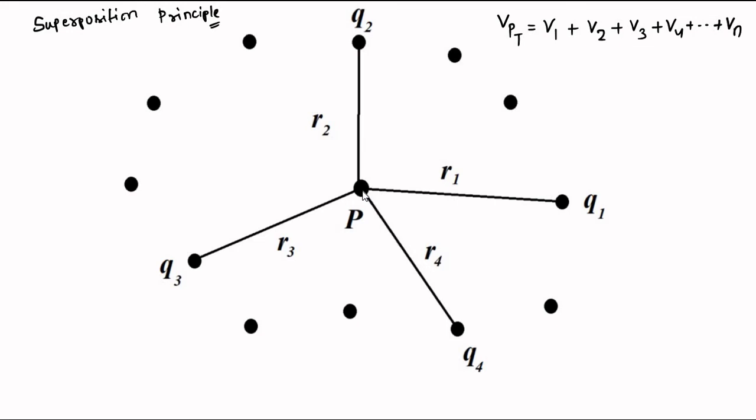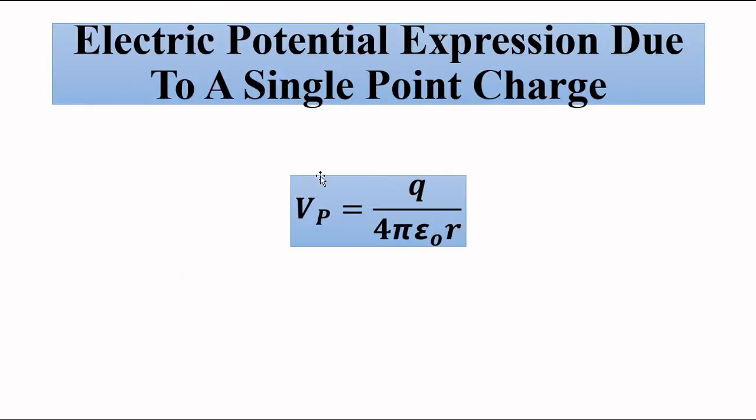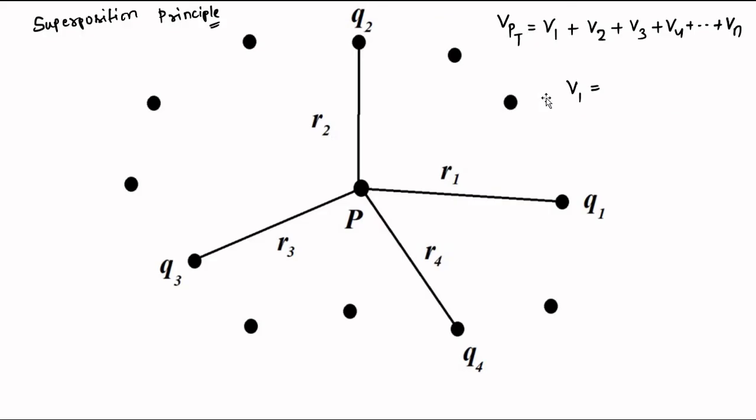Following this relationship between electric potential and a point charge, V1 is equal to Q1 by 4 pi epsilon 0 R1.